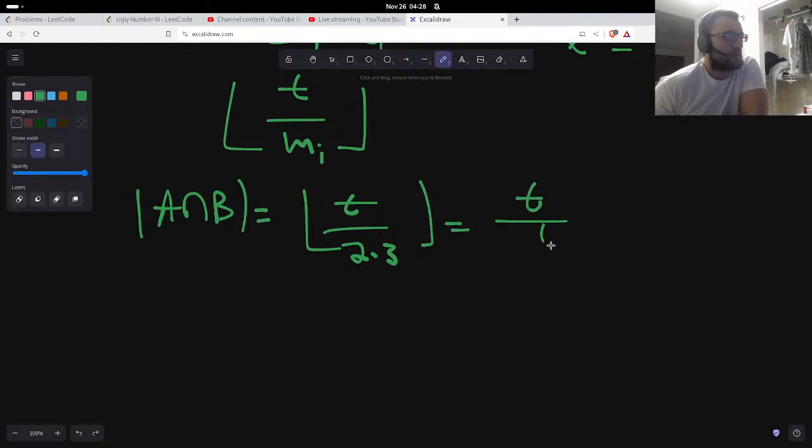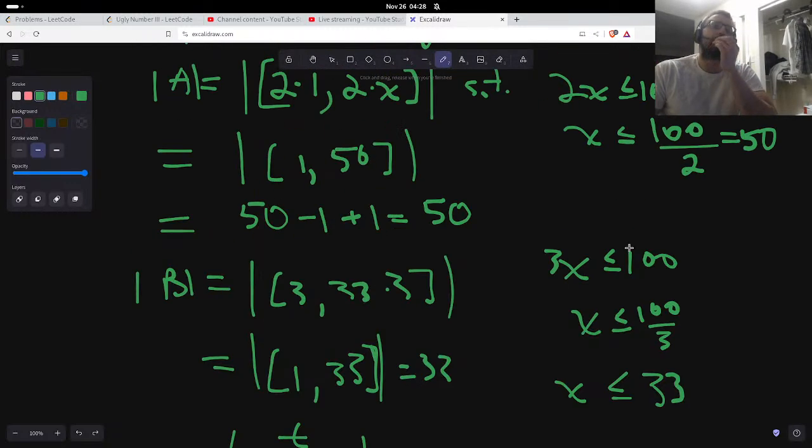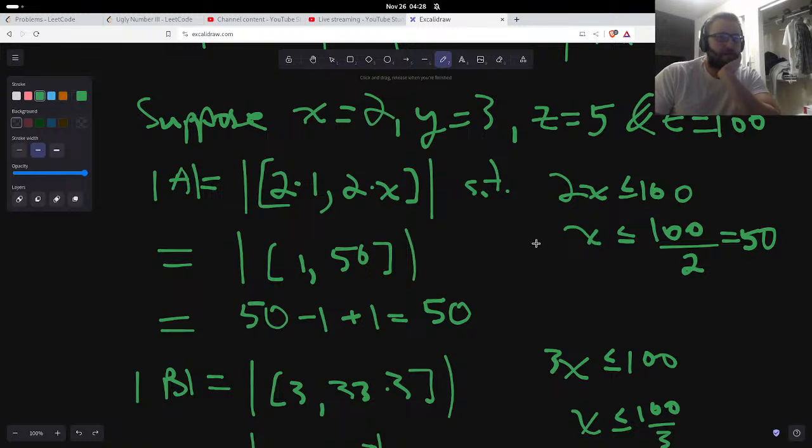Just T over 6. Which is going to be 16 in this case, where T is 100. Right, 16 times 6 is 96, and 7 times 16 is over 100.